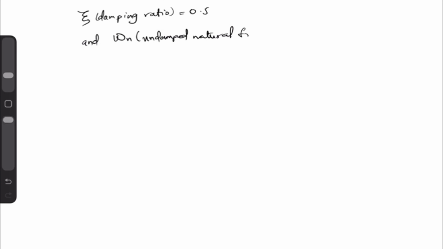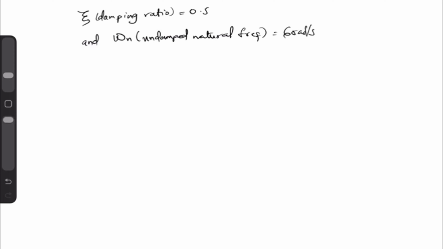From the question, we have our zeta, which is the damping ratio, to be 0.5, and omega n, which is the undamped natural frequency, to be 6 rad per second.